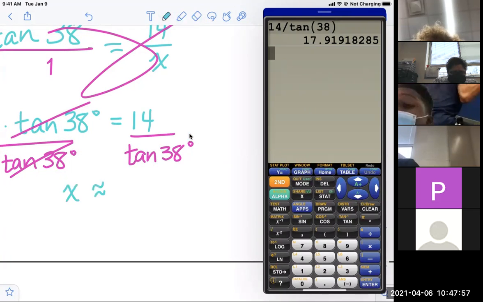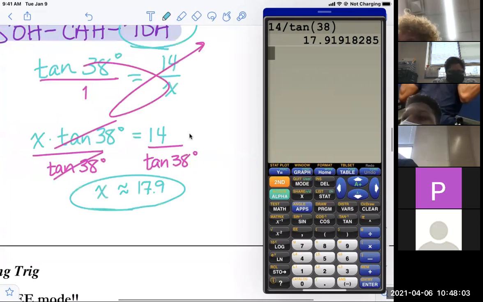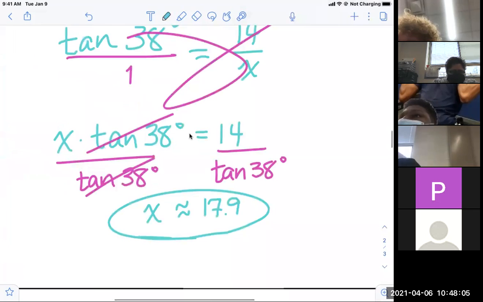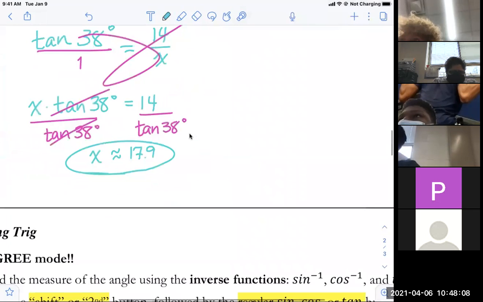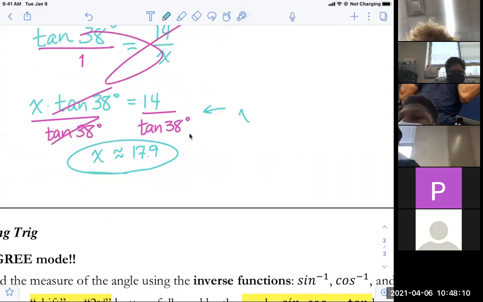X is approximately 17.9 to the nearest tenth. That's what we were solving for. So what we're typing in the calculator is X equals 14 divided by tangent 38. Now, I'll show you a different way of solving that also.